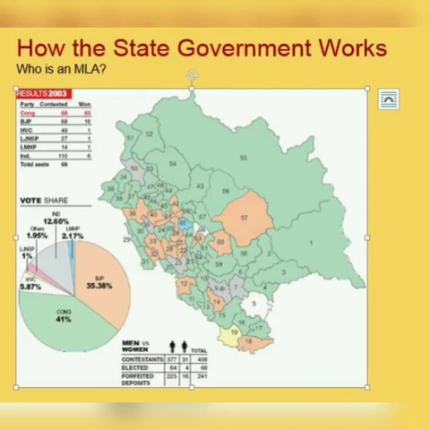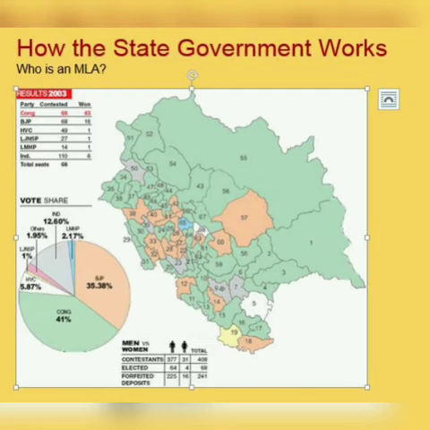Every state in India has a legislative assembly, and each state is divided into different areas or constituencies. For example, look at the map below. It shows that the state of Himachal Pradesh is divided into 68 assembly constituencies.